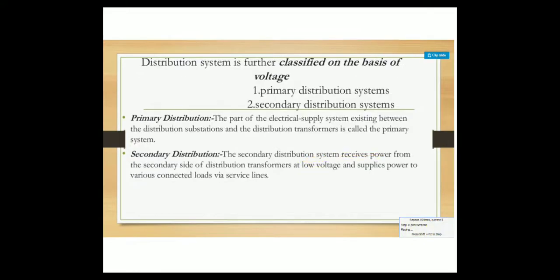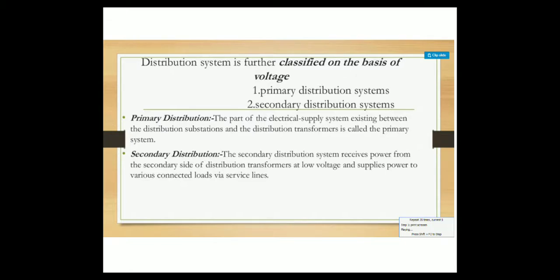Coming to the next one, these are the classification of distribution systems based upon the voltage level. There will be different types of voltage levels, so depending upon that, distribution systems are classified into two types: primary distribution system and secondary distribution system.